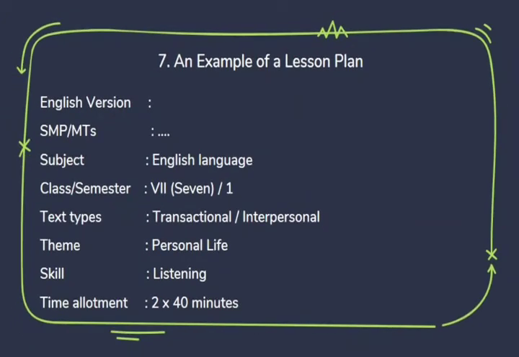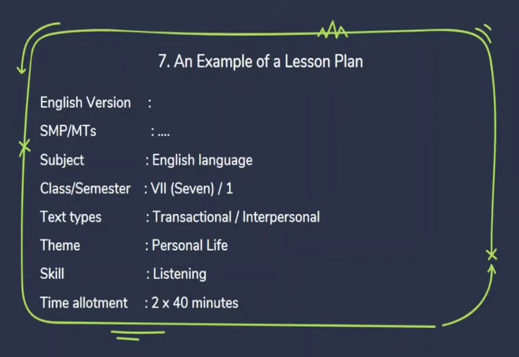Okay, last, it is about an example of a lesson plan, and in the slide it is about identifying the subject. The example is the English version, for SMP or MTs, and the subject is the English language. Class, 7th grade.